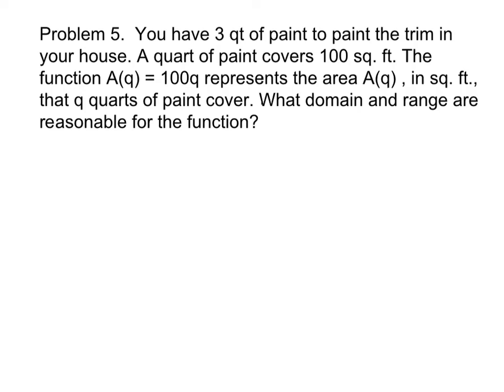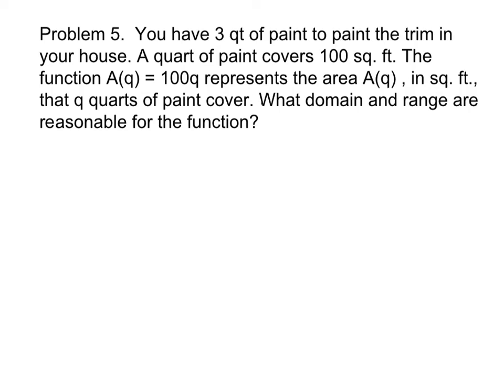So here's our problem. You have 3 quarts of paint to paint the trim in your house. A quart of paint covers 100 square feet. The function A of Q equals 100Q represents the area. So A of Q is your area in square feet, and Q represents quarts of paint.